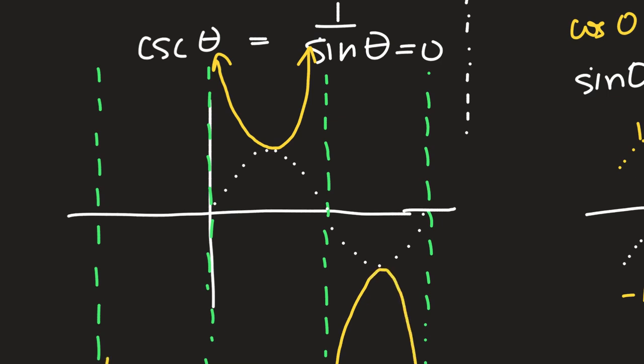This is how we know it is a cosecant graph: it has an asymptote through the origin, or the y-axis, because that's where sine is 0. So cosecant graphs have asymptotes at the origin and all the multiples of pi.